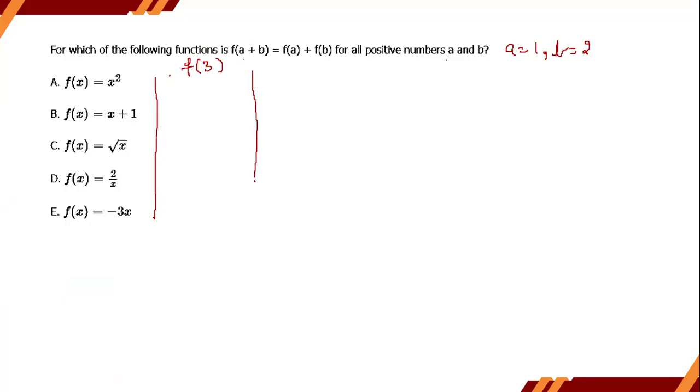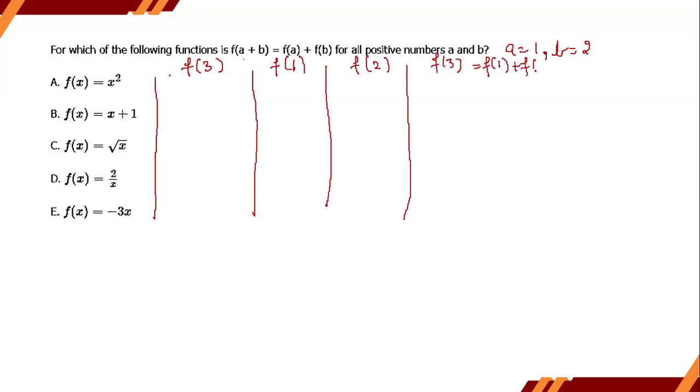And then check whether this is equal to the sum of f of 1 and f of 2. That is what we need to find out here, whether f of 3 is equal to f of 1 plus f of 2.